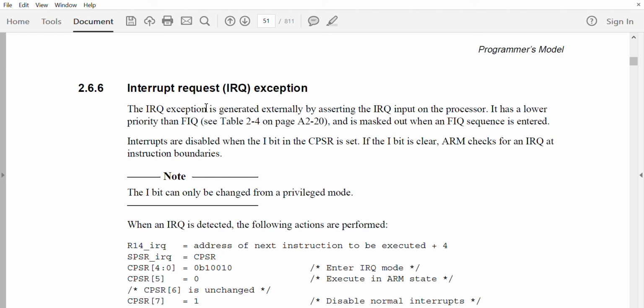Like we said earlier, IRQ and FIQ, or any two or more exceptions, can happen at the same time. Then these will have a particular priority, and depending on the priority the exceptions will be serviced using the corresponding service routine.